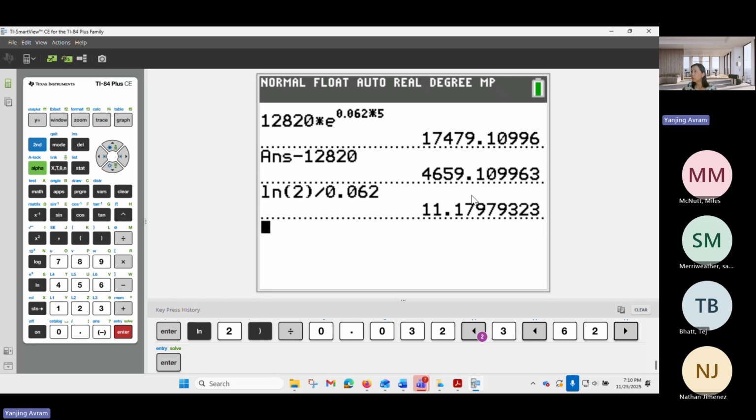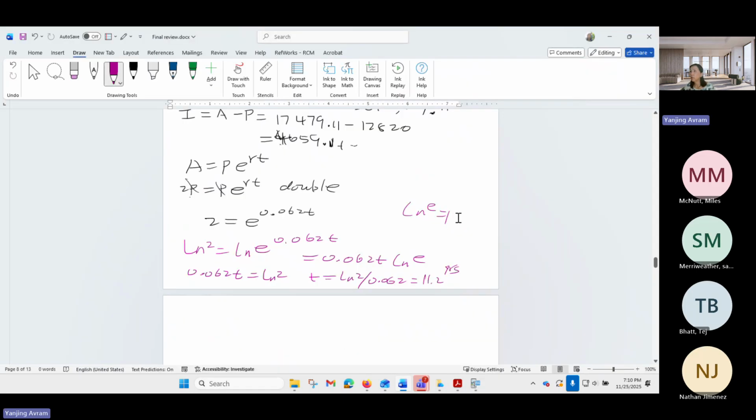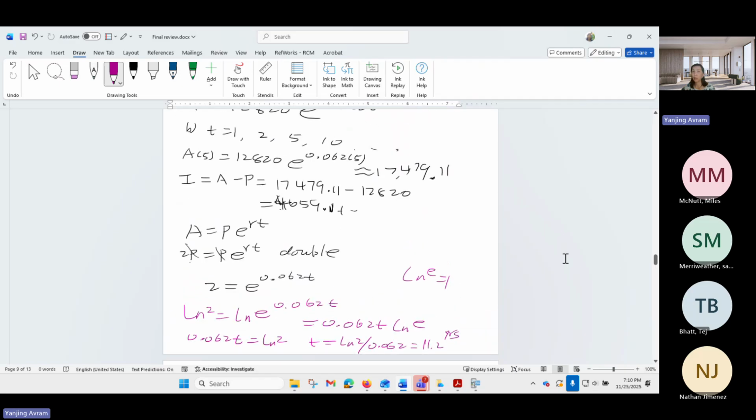If you round to 1 decimal place, about 11.2 years. So if you put this much money in a bank with an interest rate of 6.2%, you will require about 11.2 years to double. That is how you calculate this type of problem.